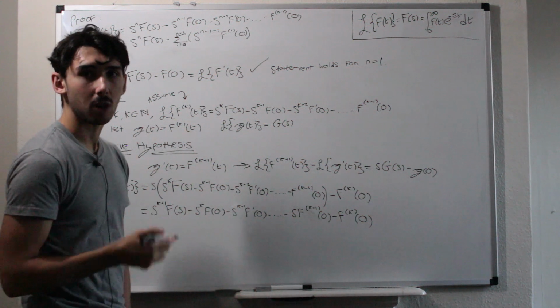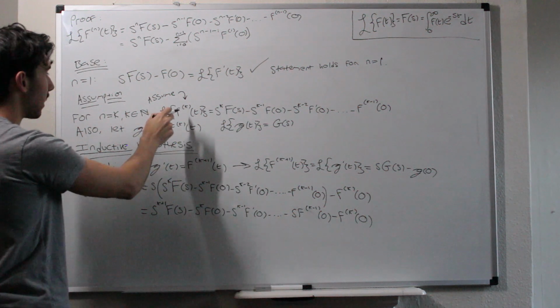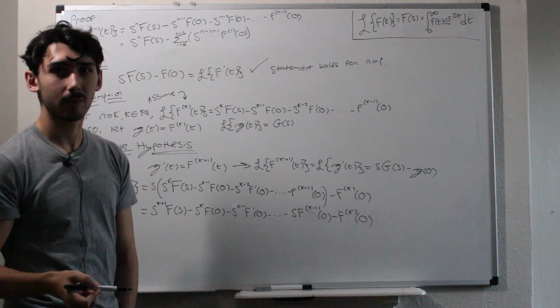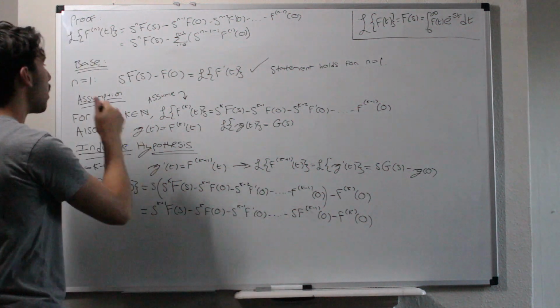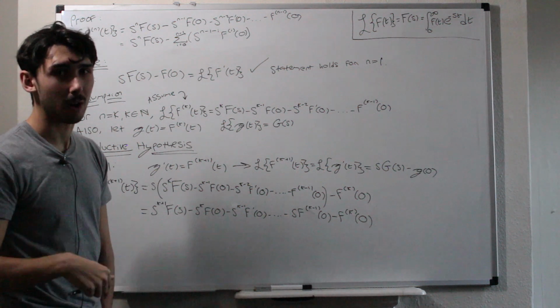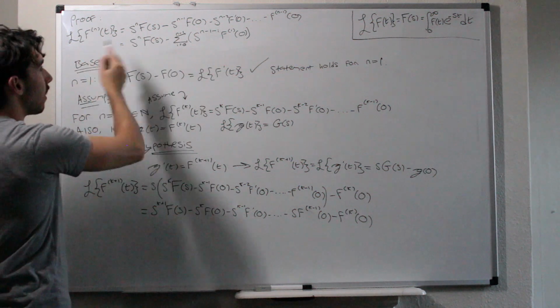And what that means, I won't write it down, is if it holds for k, it must also hold for k plus 1. And because it holds for the number 1, it must hold for every natural number. And that's the proof. So that's basically the proof of this very top line.